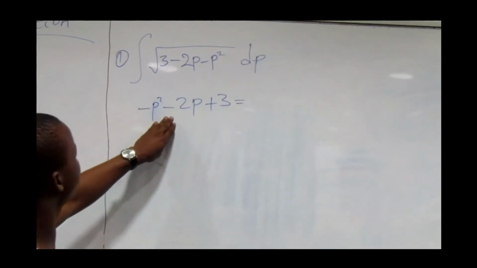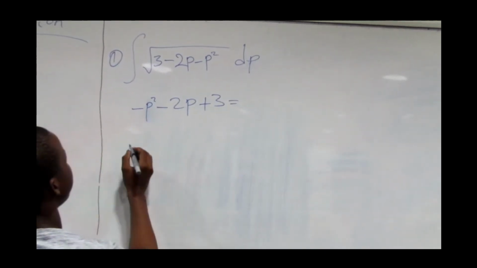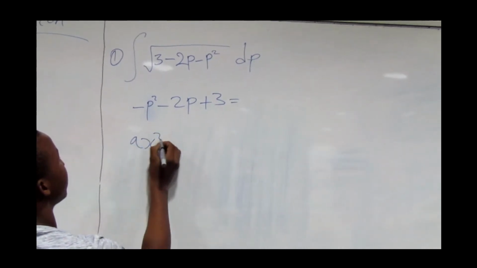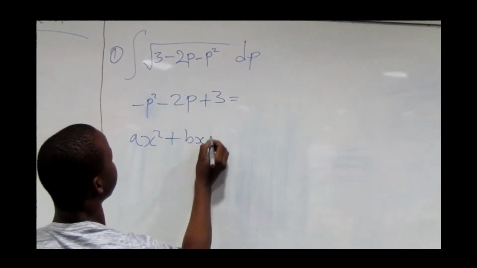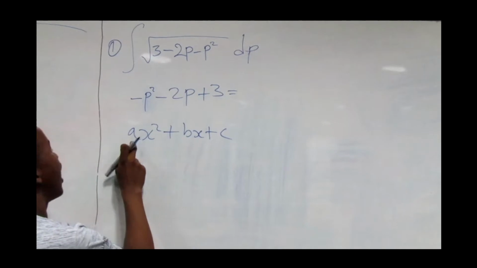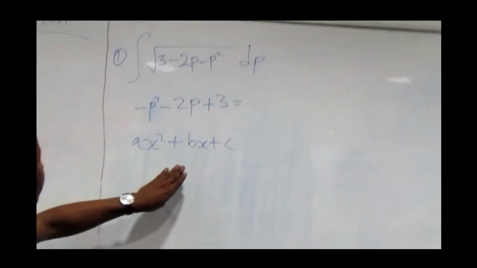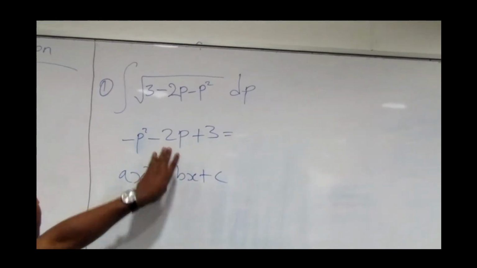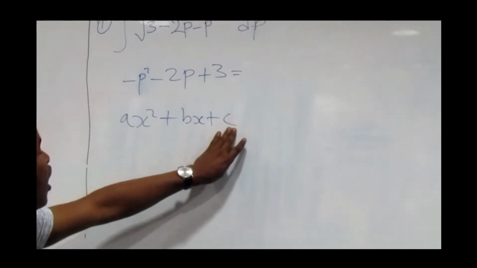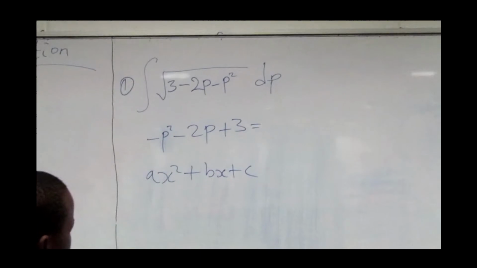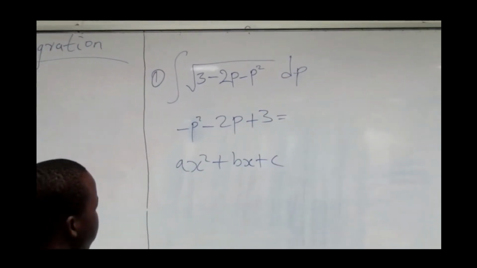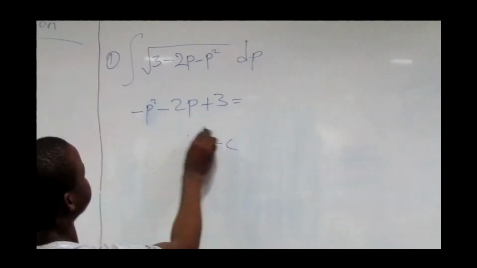This is the same as ax squared plus bx plus c, where a is negative 1, x is p, b is negative 2, and c is 3. So, relating to this general formula, I'm going to simplify it.